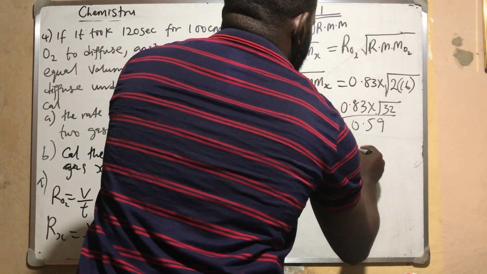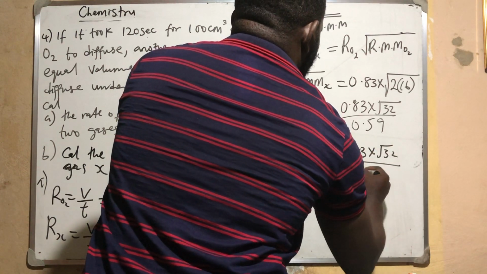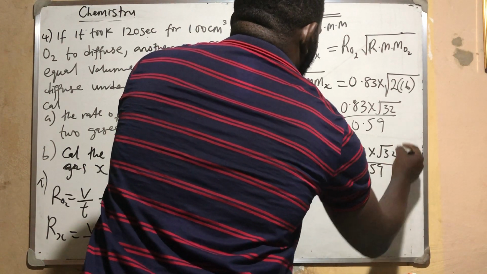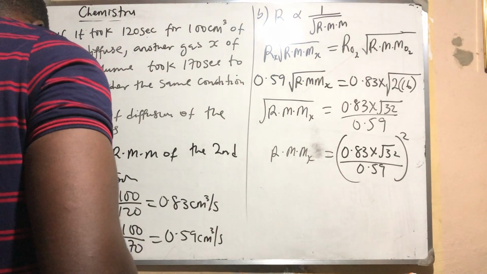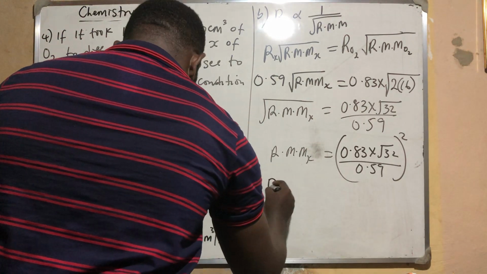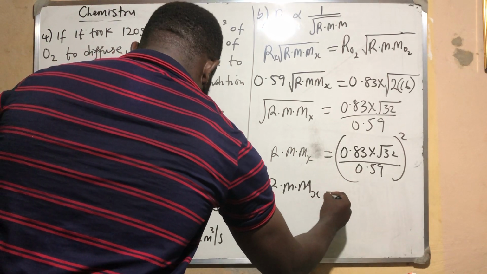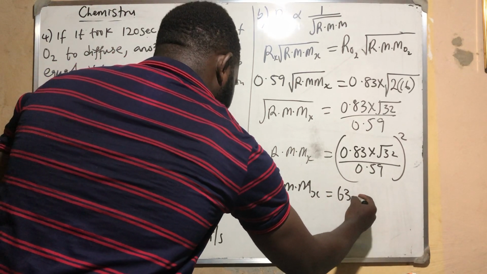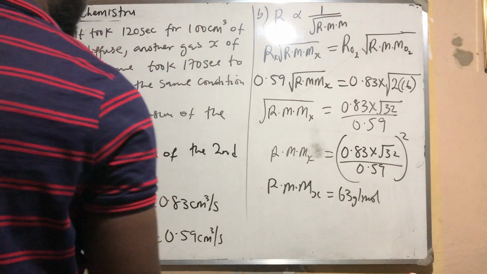That is 0.83 times the square root of 32 all over 0.59, all squared. If you do everything there, you get that the relative molecular mass of gas X is 63 grams per mole. Okay, that is very simple.